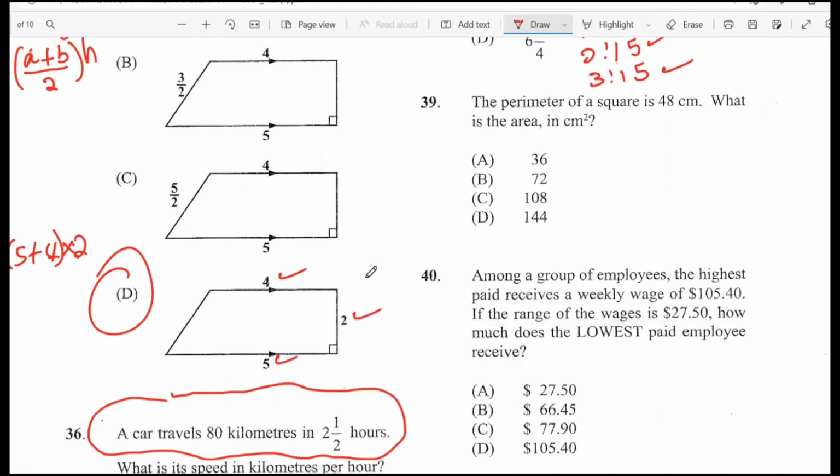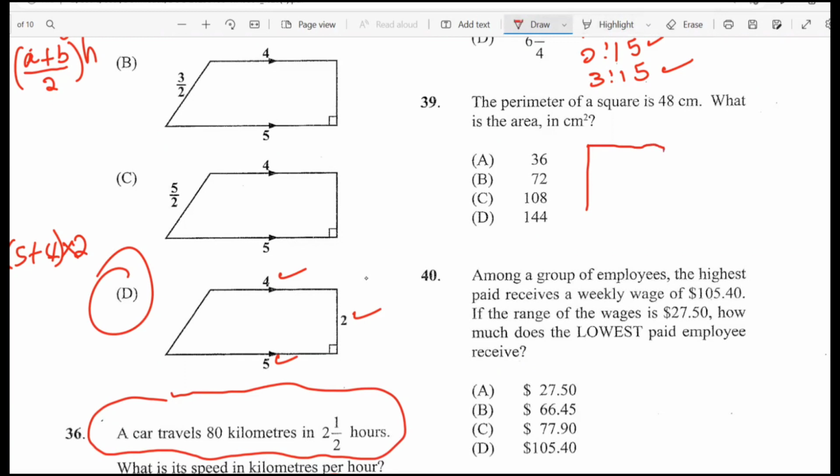The perimeter of a square is 48 centimeters. What is the area in centimeters? Concept of a square: all the sides are equal.